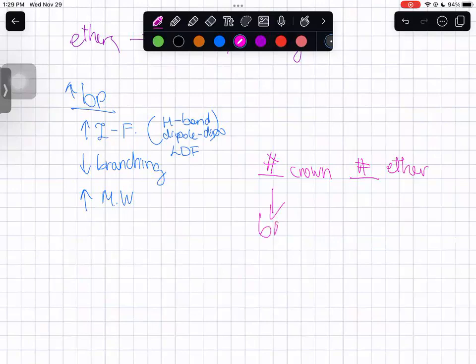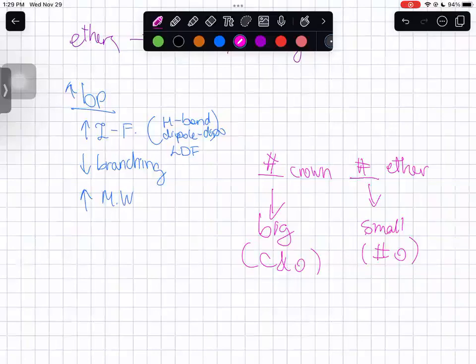The first one was the big number that represented the number of carbons and oxygens. The other one was the small number representing just the number of oxygens. You just count. That was like everyone's favorite question. Then you put the numbers on.